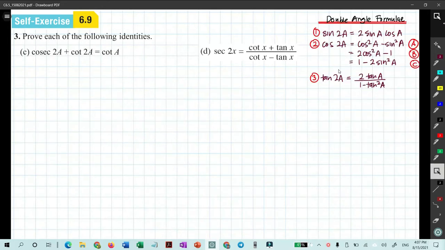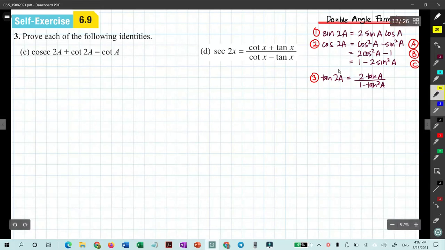Okay, let's look at question number 3c. So we start with the left hand side of the identity: cosecant 2a plus cotangent 2a.